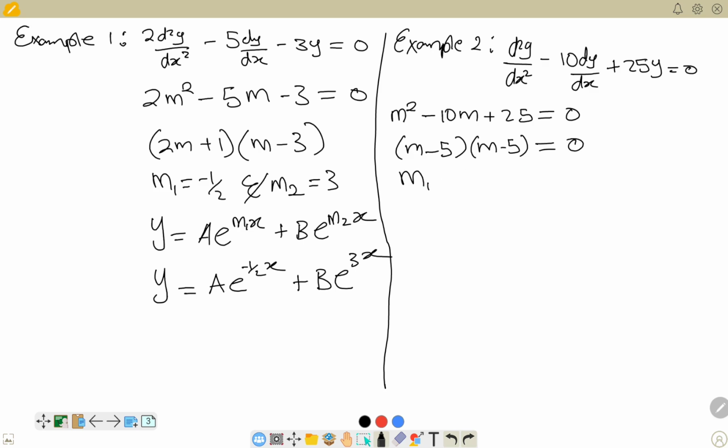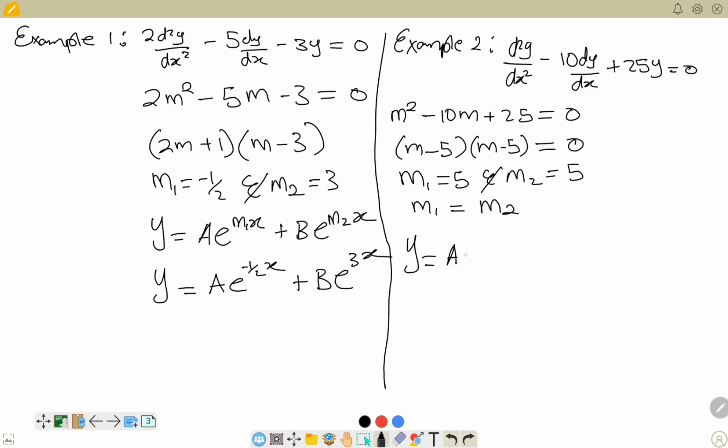Then m1 is equal to 5 and m2 is still 5. So we can see that m1 is actually equal to m2. Then we will need to remember our equation. I don't think these equations are given. You need to be able to remember them.